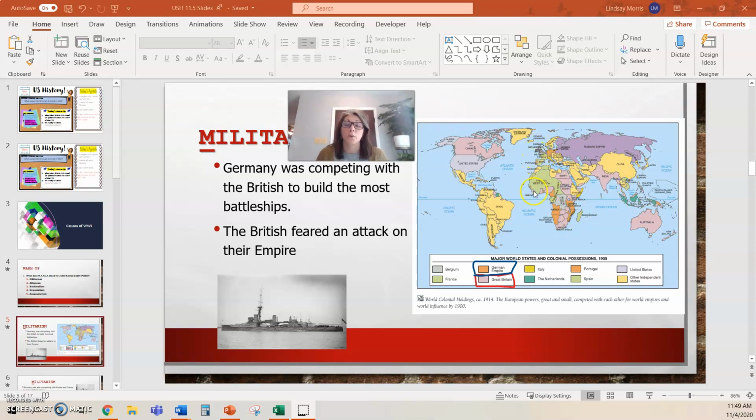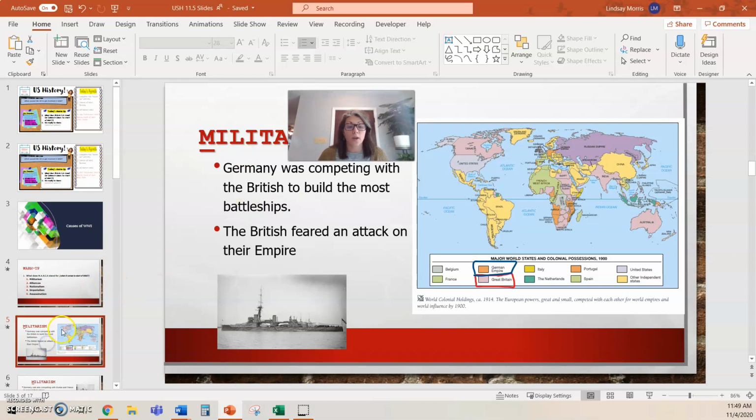So they control a lot of territory. In comparison, you can see the German Empire, which has a lot of neighboring territory to the British Empire. Theirs are in this orange color, and these are all controlled by Germany. So the British are afraid that the Germans might attack them somewhere in their empire. It doesn't necessarily need to be in the actual nation of Britain.